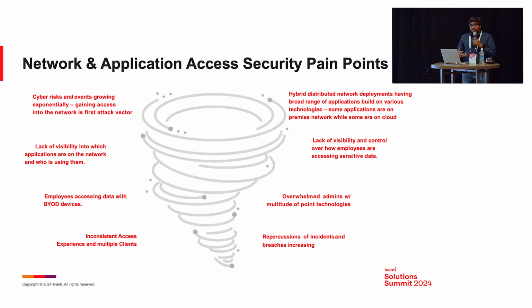They don't have complete visibility into their network, which devices people use to connect, and which applications people try to connect to through their VPN technologies or any technologies they use to connect to the corporate network. They are overwhelmed with a multitude of point technologies. We have so many technologies at play here, and that creates a big challenge in managing all the various different solutions they have.